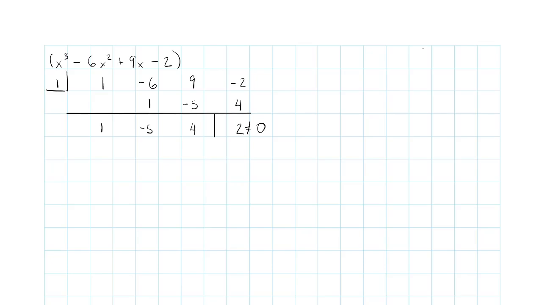I guess I'll try 2. Again, my coefficients are 1, -6, 9, and -2.